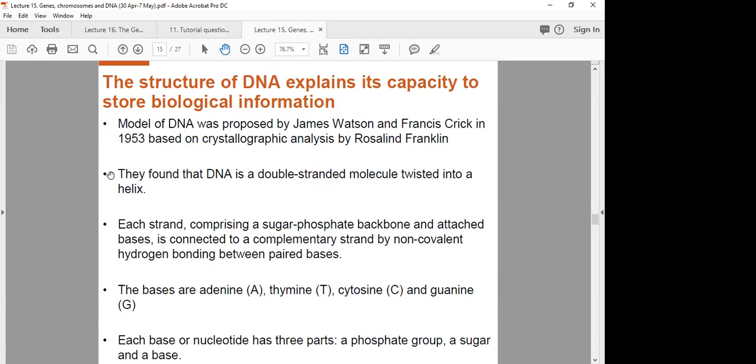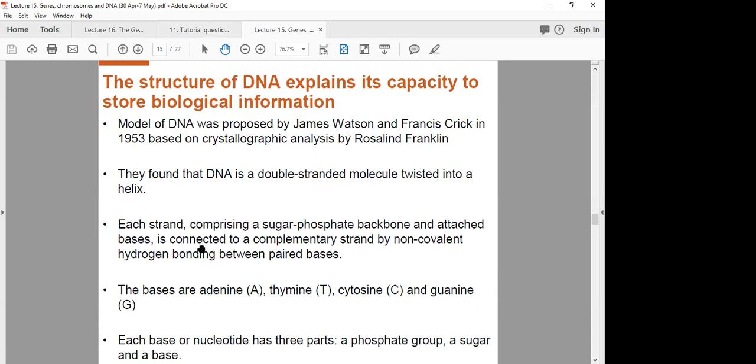What they proposed is that DNA is a double-stranded molecule twisted into a helix. They proposed that each strand comprises the sugar phosphate component of the backbone of the strand, and the attached bases are in the centre of the two strands of DNA.